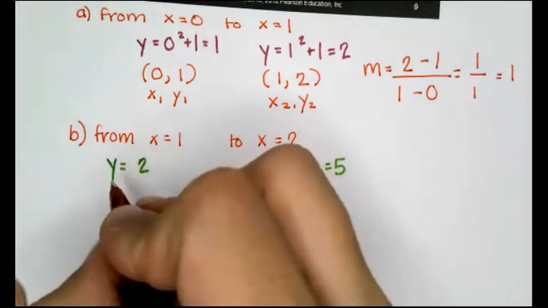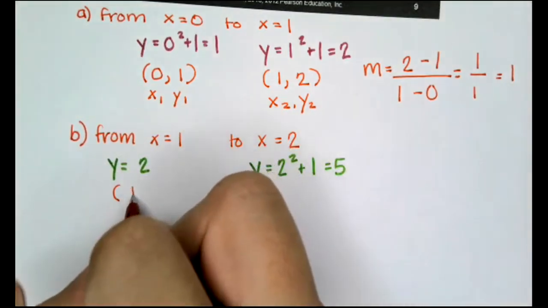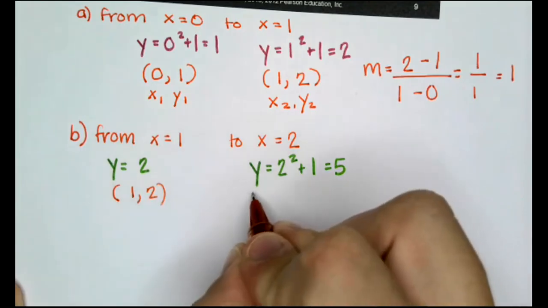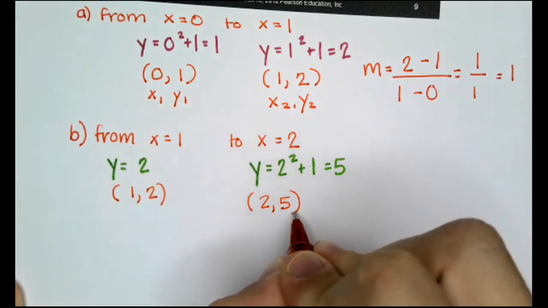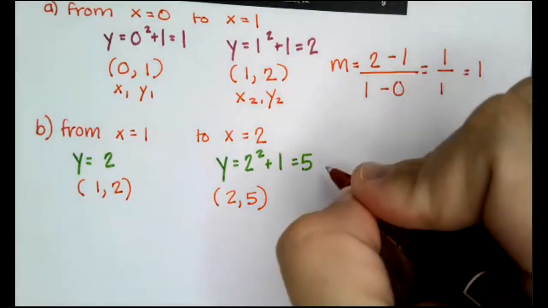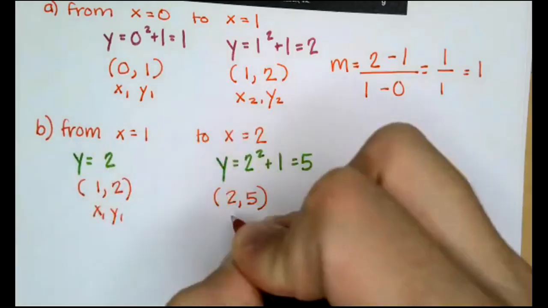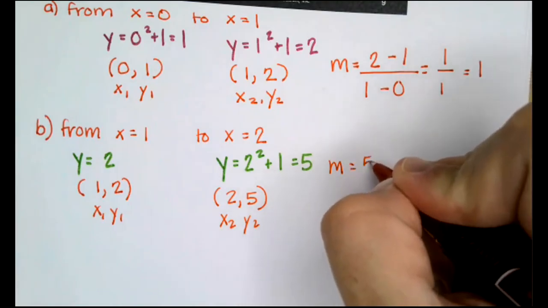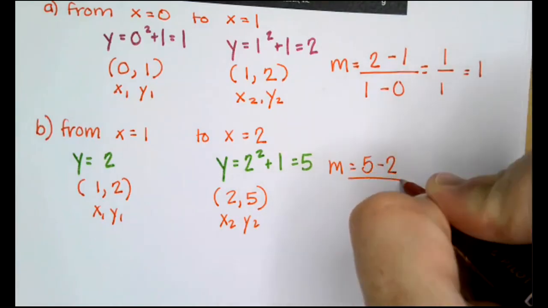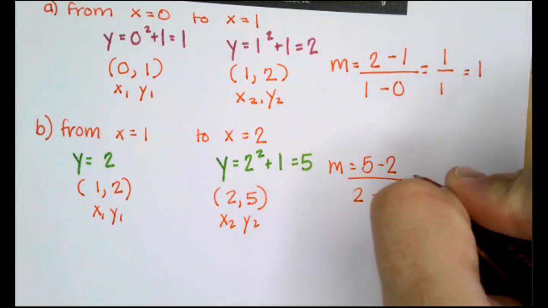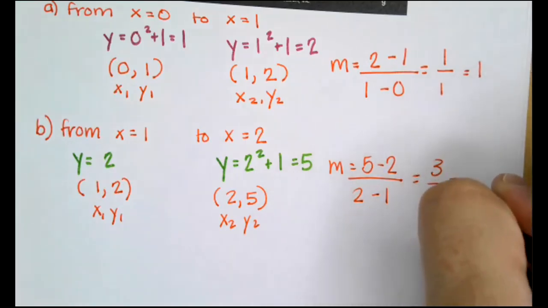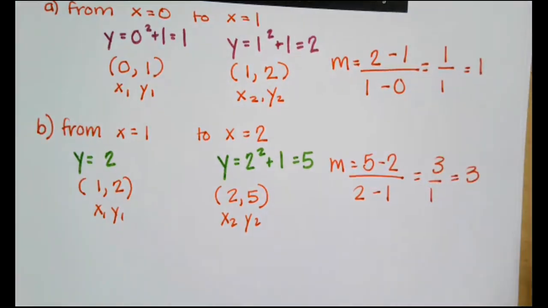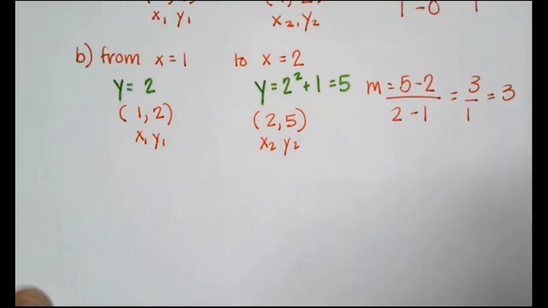So now my points are 1, 2, and 2, 5. x1, y1, x2, y2. M is 5 minus 2 over 2 minus 1, 3 over 1, which is a slope of 3. Rise 3, run 1.